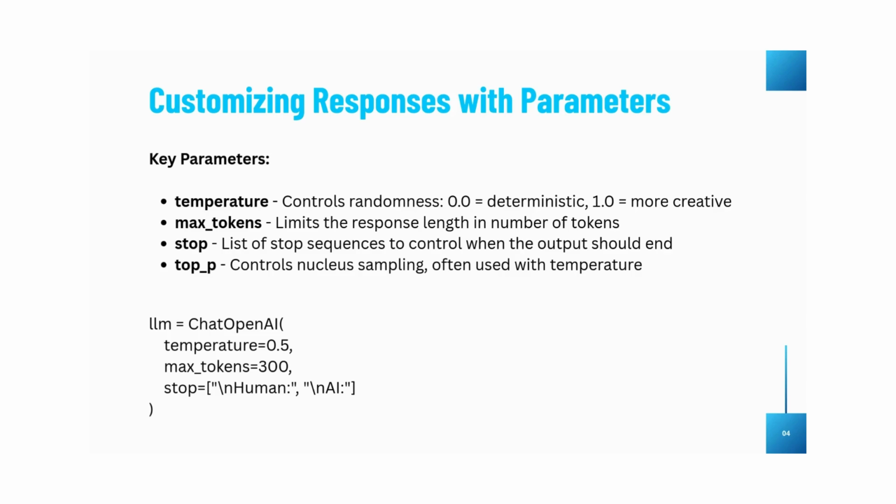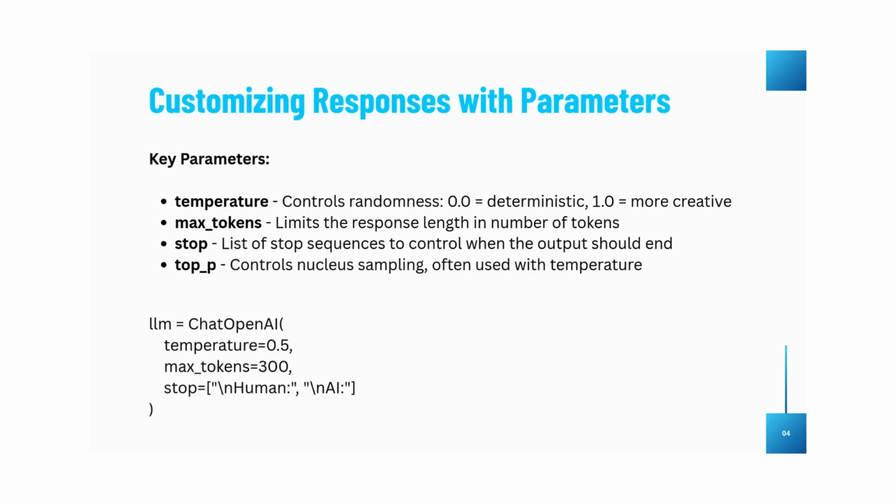Now we are going to explore how to customize the behavior of your LLMs using key parameters like temperature, max tokens, and stop sequences. These settings give you fine-grained control over the model's creativity, length of response, and output boundaries.